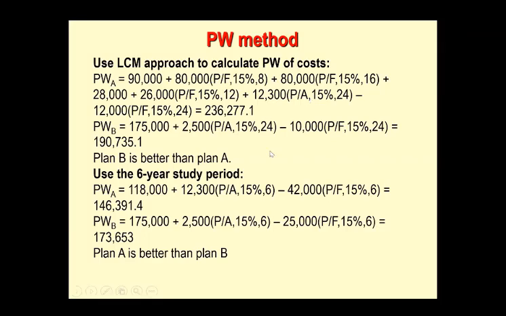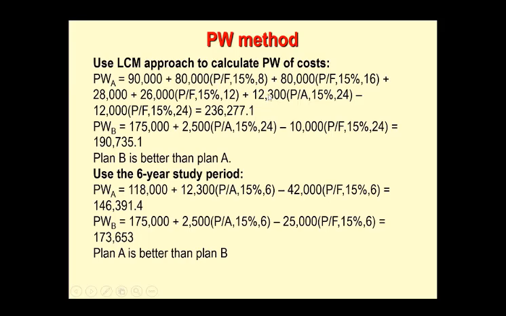We have to find the present worth given the annual amount, for the end year, 24 years. So here is the equal payment series present worth factor.